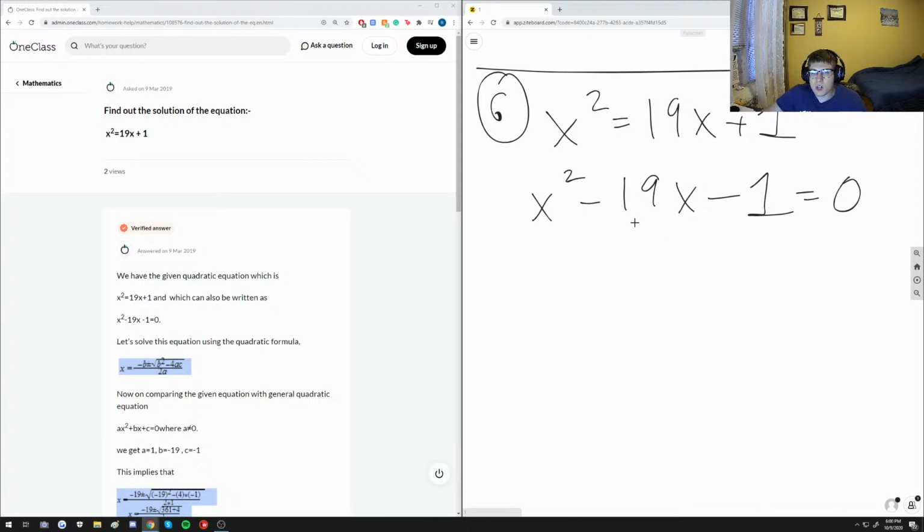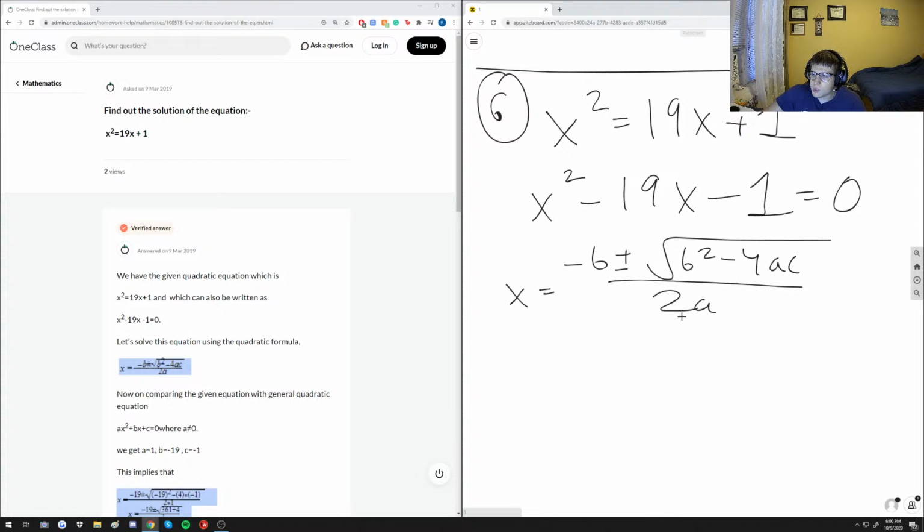And then the simplest way to solve this is with the quadratic equation. So x is equal to negative b plus or minus the square root of b squared minus 4ac, all over 2a. In this case, we have to define what our a, b, and c are. These are just the coefficients in front of our x squared, x, and constant terms respectively. So our a is 1, our b is negative 19, and our c is negative 1.